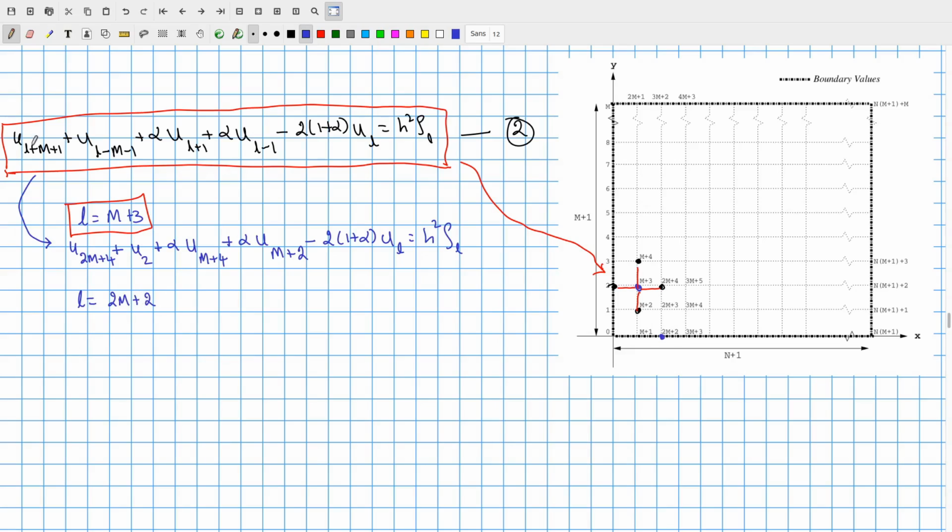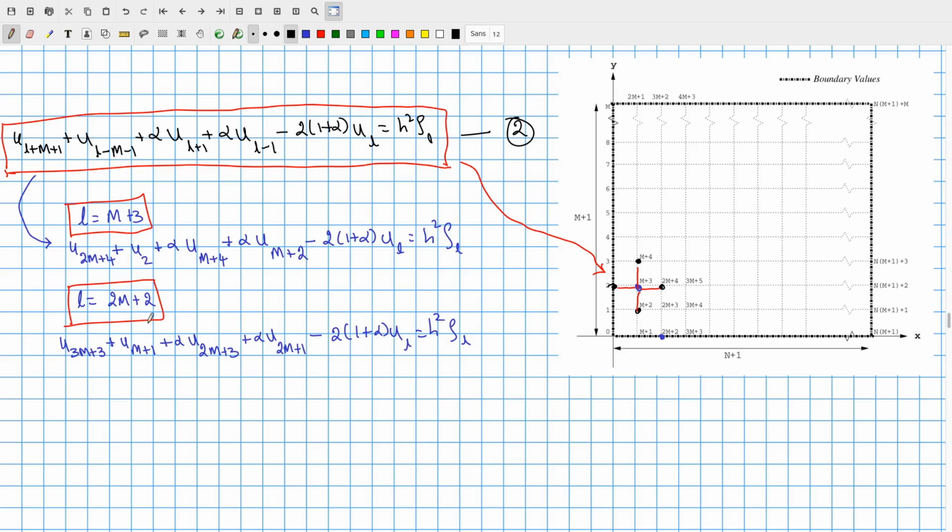When L becomes 2m plus 2, this equation is going to become u of 3m plus 3, and then for 2m plus 2, when I put it here, we get u of m plus 1, yes, m plus 1, plus alpha times u of 2m plus 3 plus alpha times u of 2m plus 1 minus 2 times 1 plus alpha u of L equal to h square into rho of L. This is the equation we get when L equals 2m plus 2.